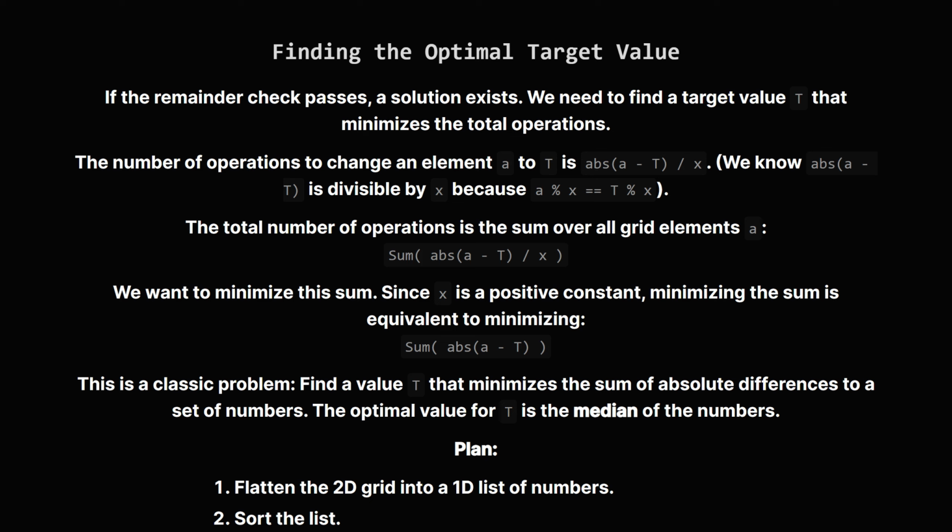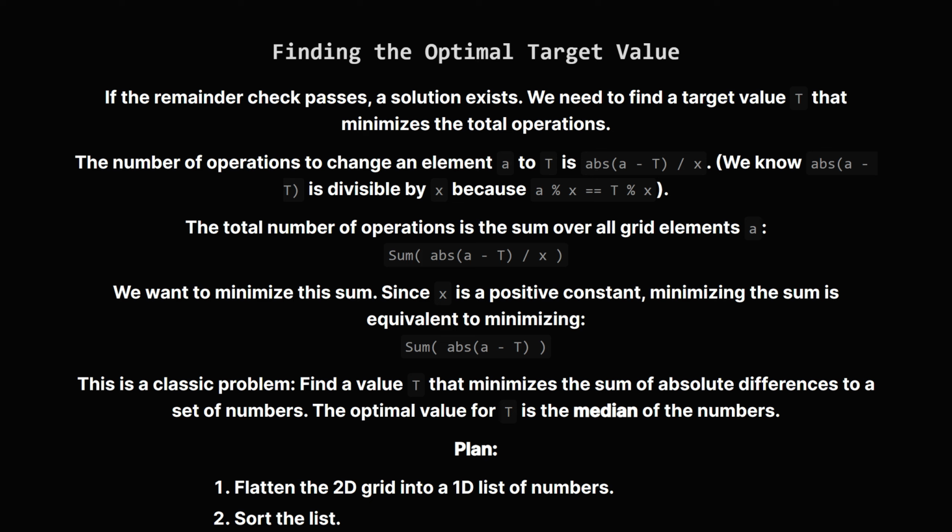Our goal is to minimize the total number of operations. This means we want to minimize the sum of abs(a - t) divided by x for all elements a in the grid. Since x is a positive constant divisor, minimizing that sum is the same as minimizing the sum of abs(a - t).